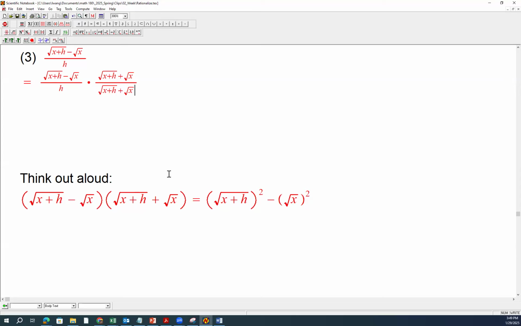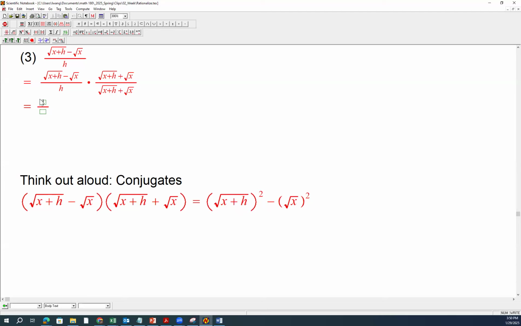Let me write down the word conjugate. Conjugates show up in pairs. If this is a minus, its conjugate will be plus. If this is a plus, its conjugate is going to be minus. Okay, we got that. So keep going. Then we have numerator times numerator. We get this piece, so that piece will be on the top.